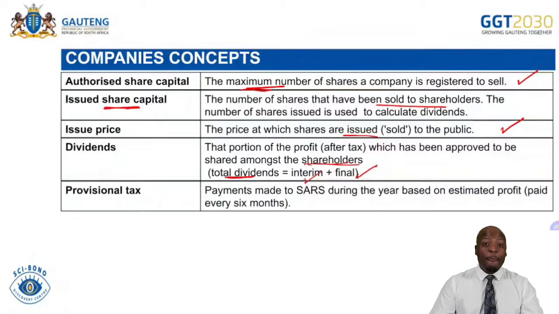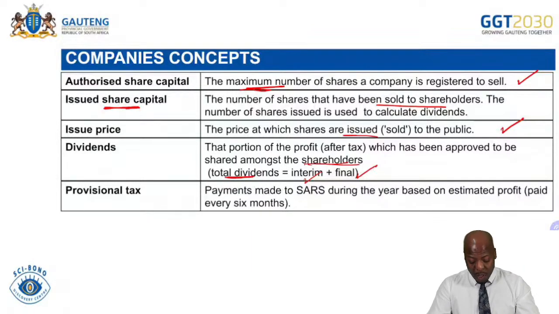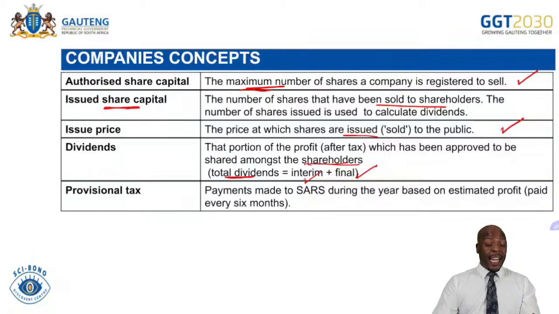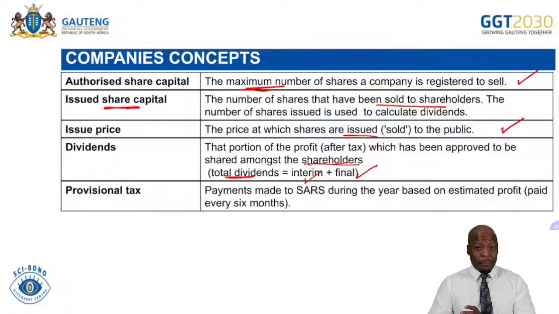That is our provisional tax. What is provisional tax? It is very important to understand, as I said earlier on, that a company is a legal person that is entitled then to pay tax. So our company will pay tax over to SARS. But we pay tax out of the profits that we would have made.